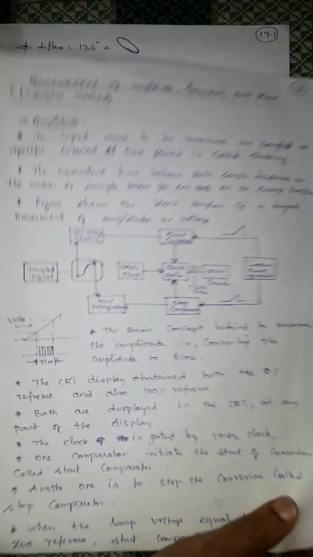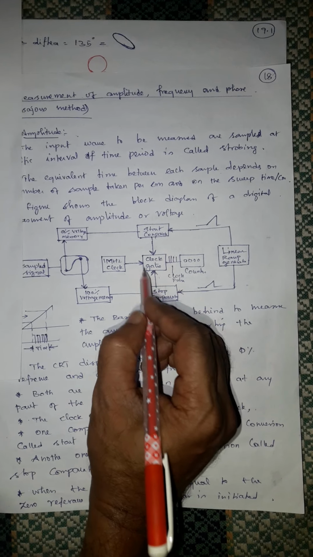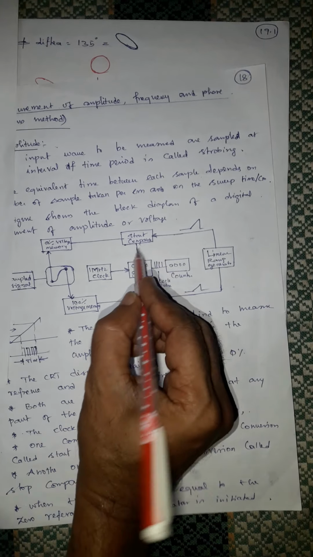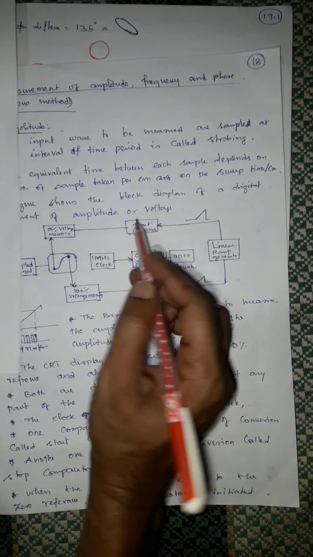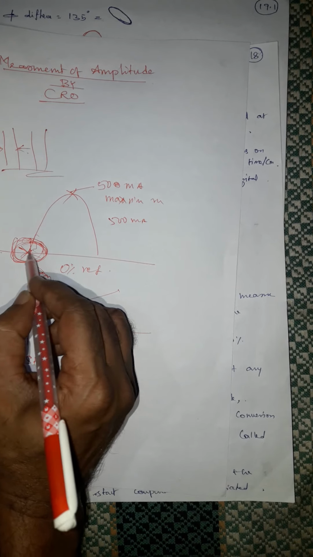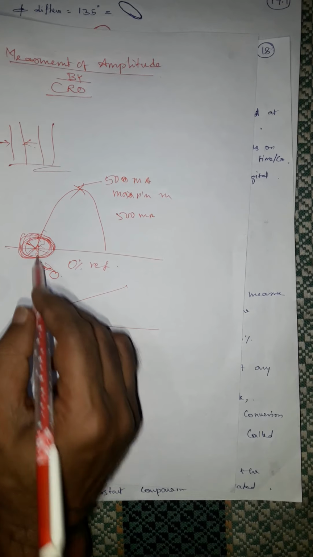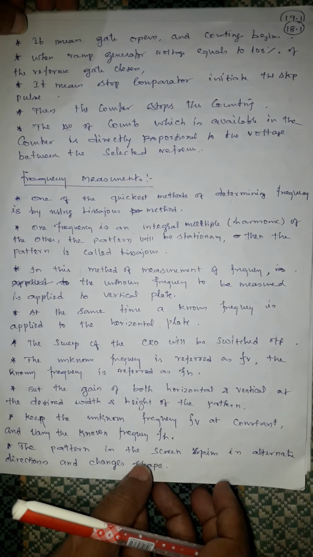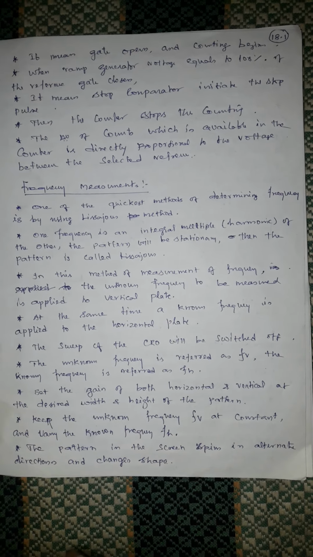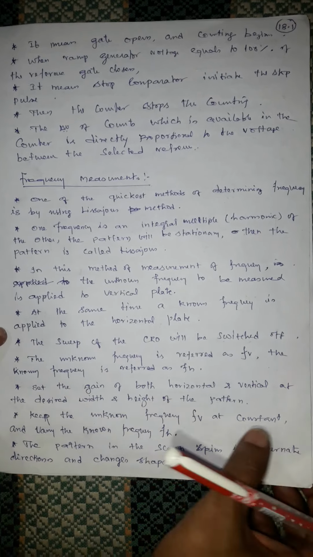Once the start gate is initiated, the gate starts to count. Here the ramp is there, and the zero reference. If both are equal, 0 and the ramp is also 0, the start gate is initiated by the start comparator. What is the meaning? It means the gate opens and the counting begins.